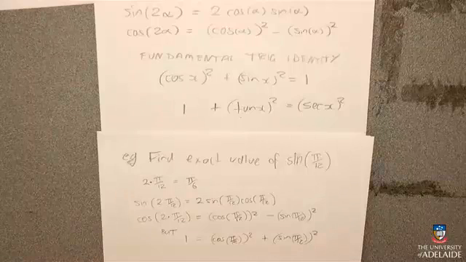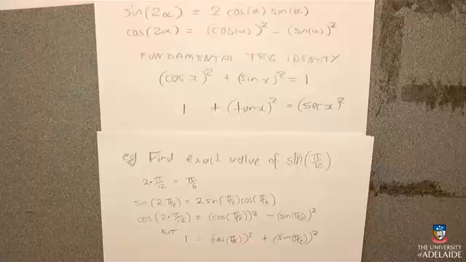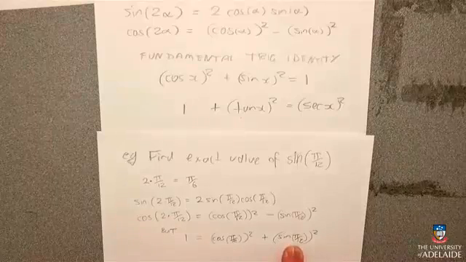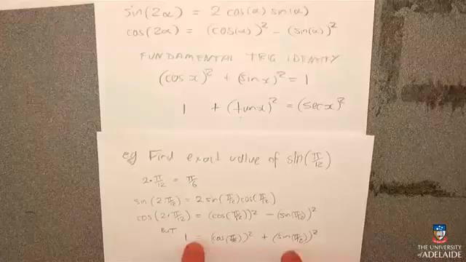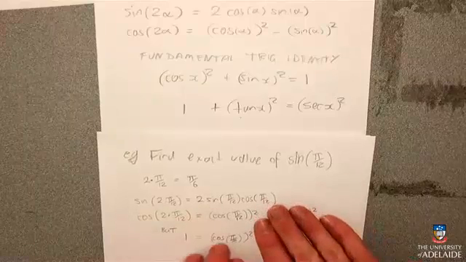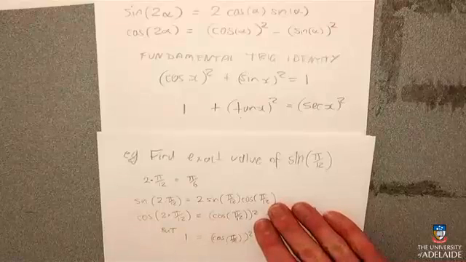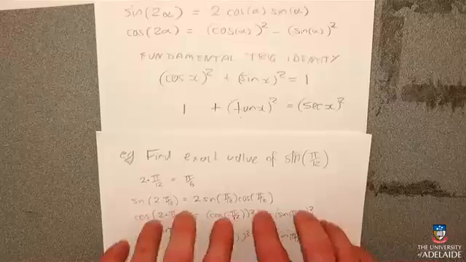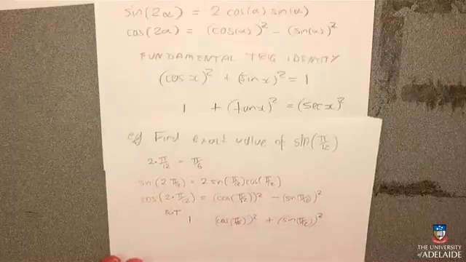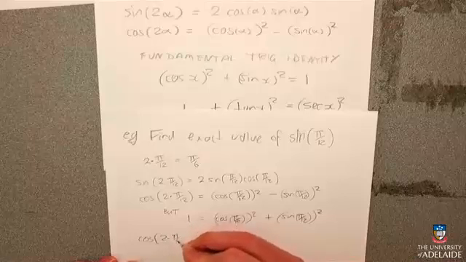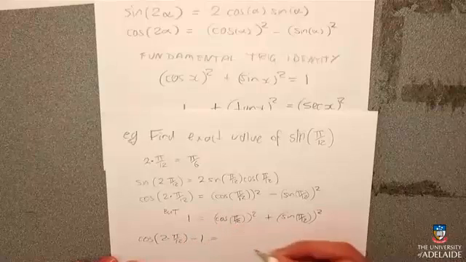So, let's just be really creative here. I want to figure out what sine of pi on 12 is. So, if I added these together, they'd disappear and I'd have 2 lots of cos pi on 12, which I don't want. I want sine pi on 12. So if I did this minus that, I'd get cos of 2 lots of pi on 12 minus 1.